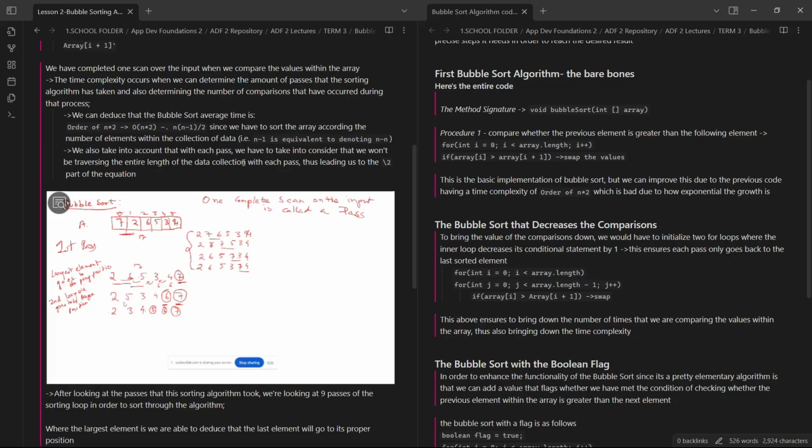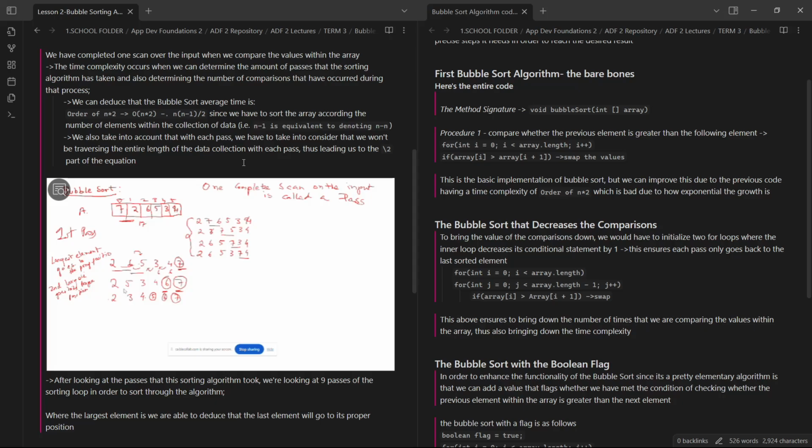Right. So we have completed one scan over the input when we have compared the values within an array. The time complexity is determined by the number of passes that the sorting algorithm has taken and also the number of comparisons that have occurred during that process. We can deduce that the bubble sort average time is order of n squared, since we have to sort the array according to the number of elements in the collection of data.